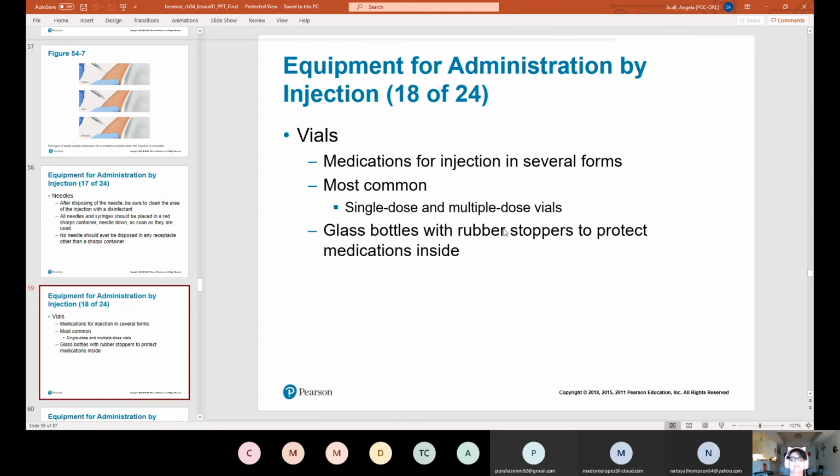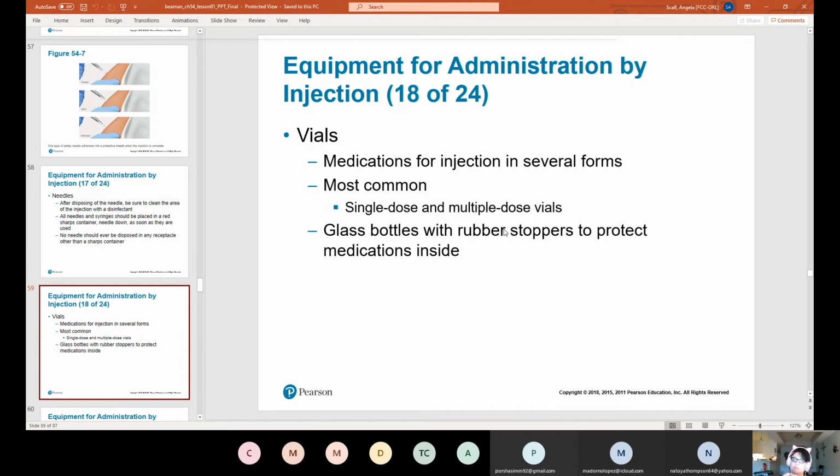You may see some medications. Actually, here's how weird I am: I dreamt about a drug called Solu-Medrol last night, and it's a steroid. It's really cool because it's a vial that has a neck and another area, and when you go to use it, you push this down to activate the powder.